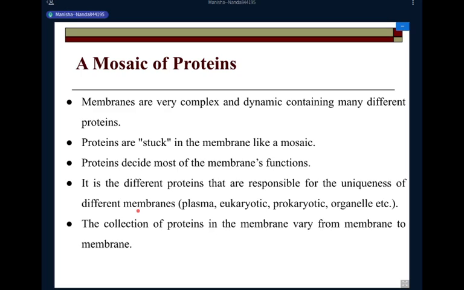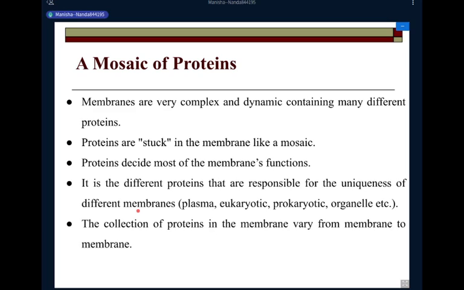I mean to say, the type of proteins and their functions, you see each and every cell has a different function. If we compare a prokaryotic cell with a eukaryotic cell, and within eukaryotes also, if you take different plants, different animals, you'll see they contain different types of cells, and even in a single living organism they perform different functions, right?